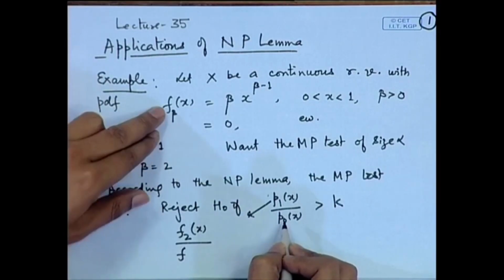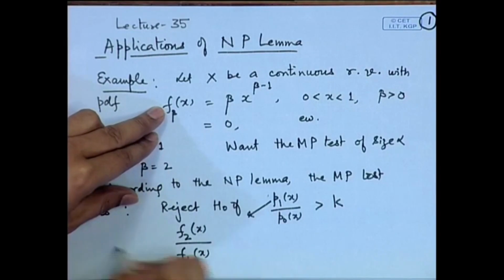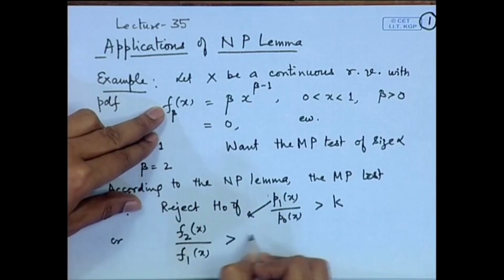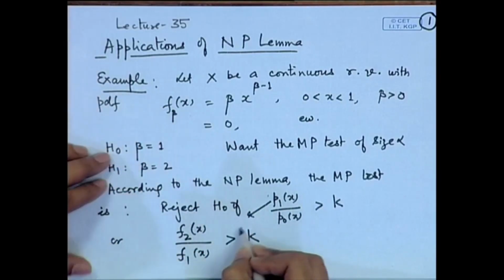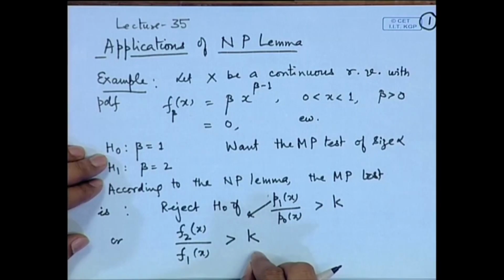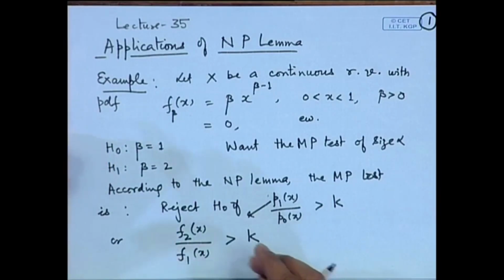Here beta is equal to 1, that means it will become f 1 of x. This is greater than k, where the constant k is chosen in such a way that the probability of the type 1 error is equal to alpha.